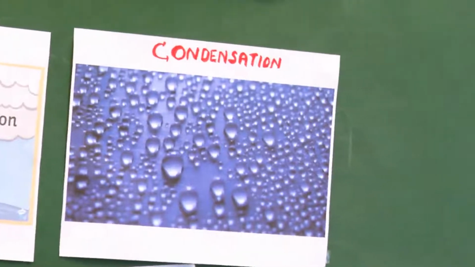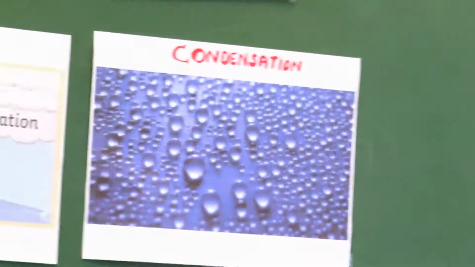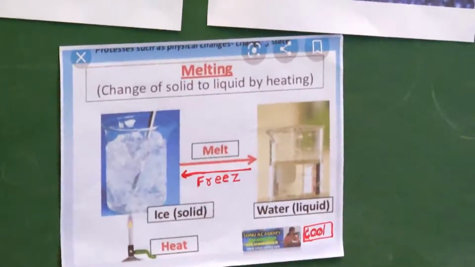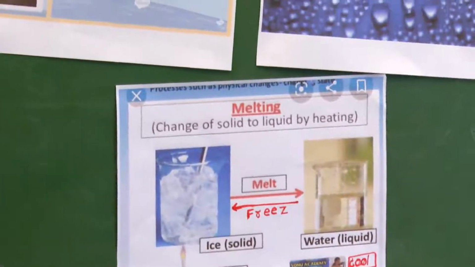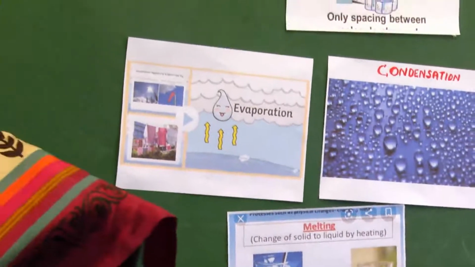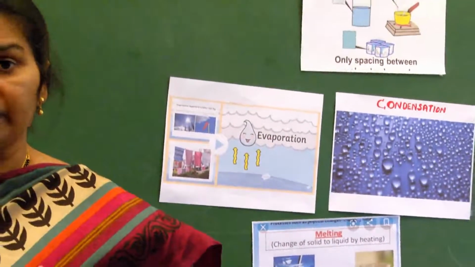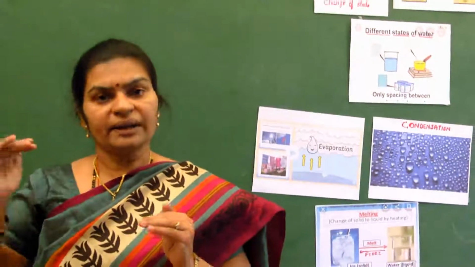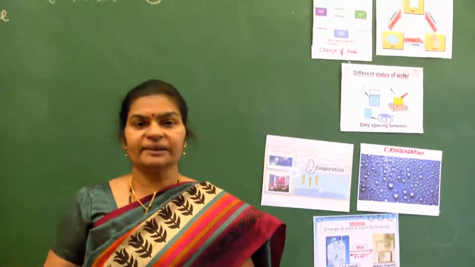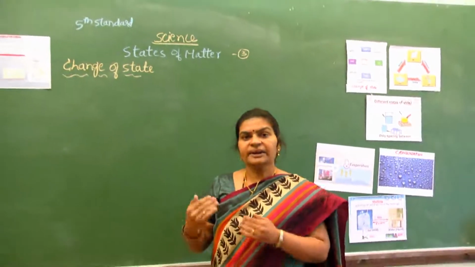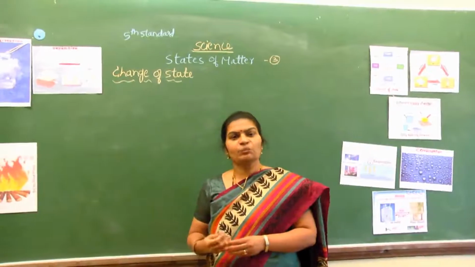When we consider examples of matter, all living things are matter, and all non-living things are matter. When we consider living things, a small baby will become a grown-up human being. In the same way, with non-living things, the temperature goes on changing.